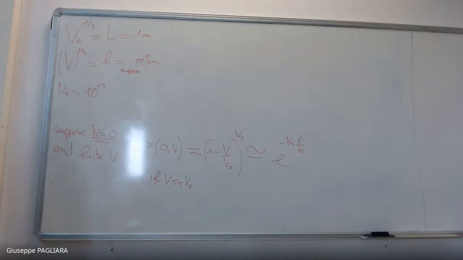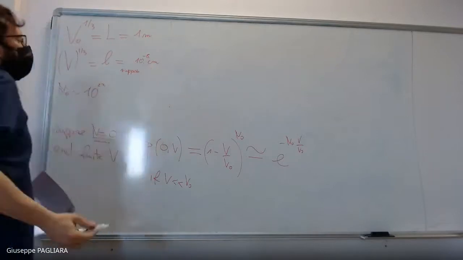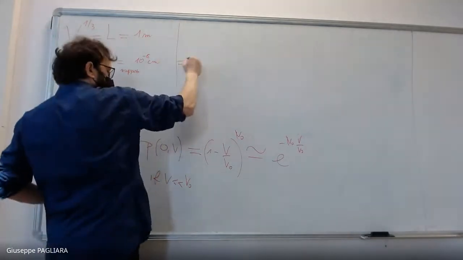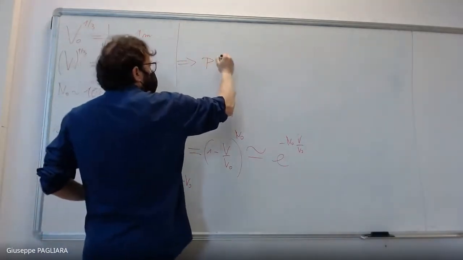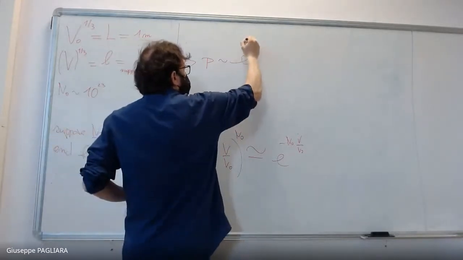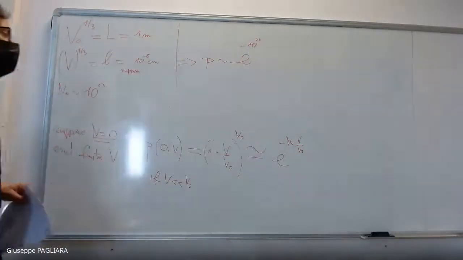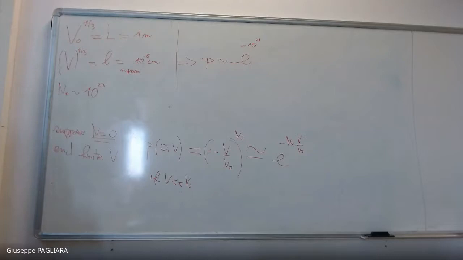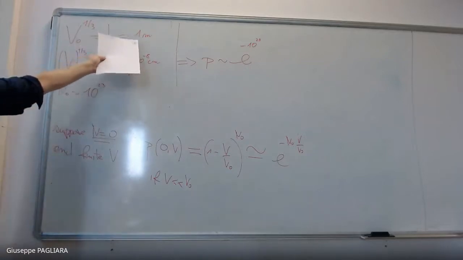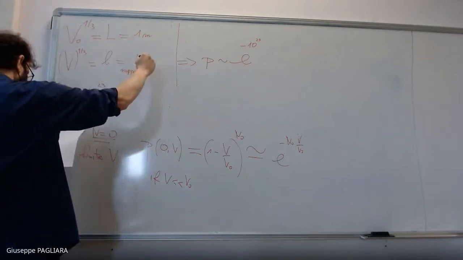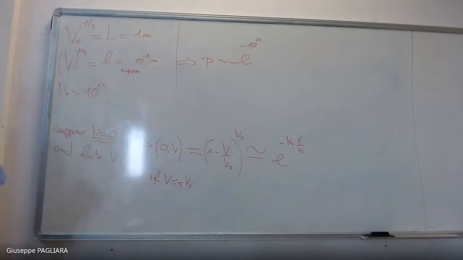Now you see that if the scale for which I'm asking the probability that it is empty is so small, then this probability is not so bad. For those numbers, this probability is exponential of minus, here you have 10 to the 23, which is N0, and then V divided by V0. Well, V0 is 1 meter cubed, and this is 10 to the minus 8, not centimeter. Sorry, let's make it meter, otherwise it's useless.